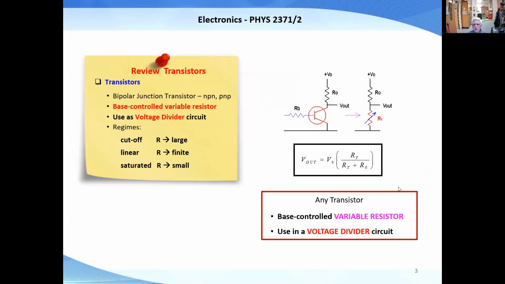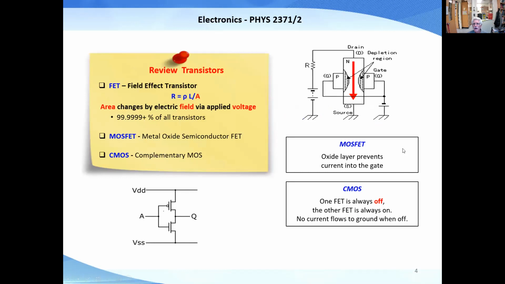Review of transistors. Basically, we look at a transistor as a variable resistor, and we use it in a voltage divider. I'll show you that later in op amps. Okay, FET, a field effect transistor. It relies on the depletion region of a PN junction.